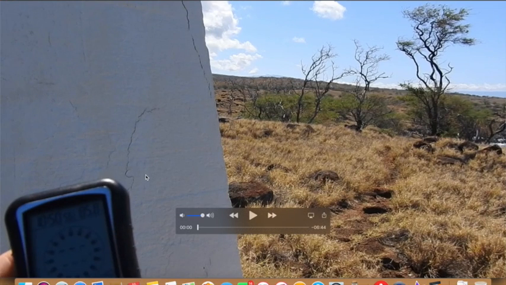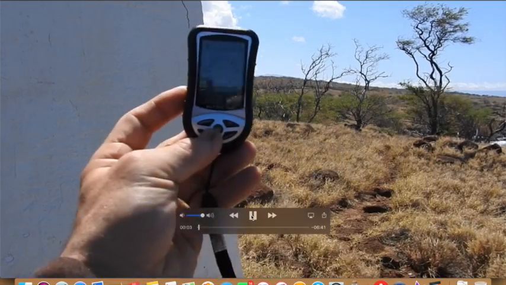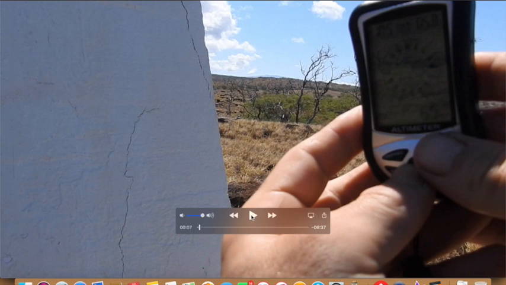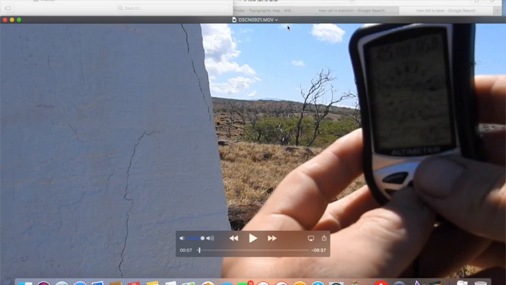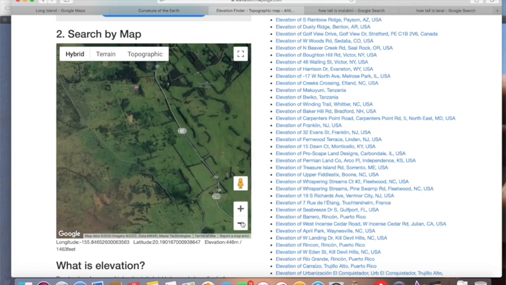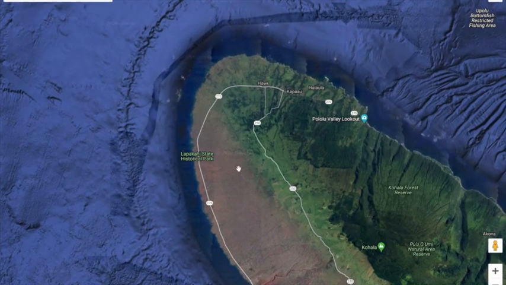Okay, I'm standing right next to the lighthouse. And my altimeter says 65 feet of elevation. Okay, let's pause it right there. Let's go to the elevation finder. Okay, zoom this out a bit. Full screen. Napakahi.